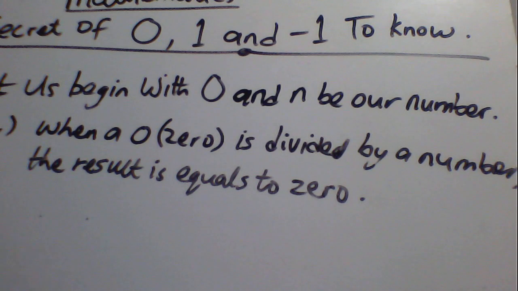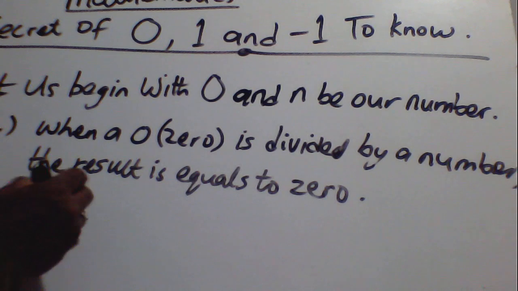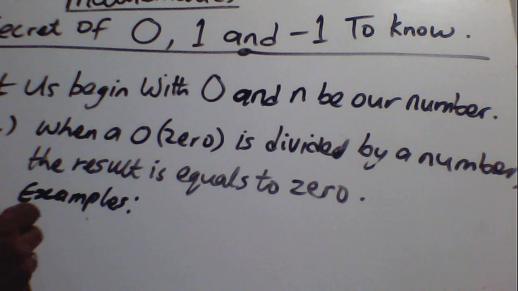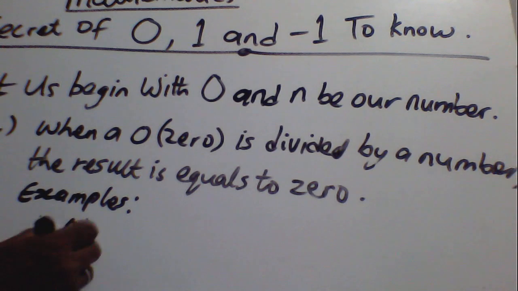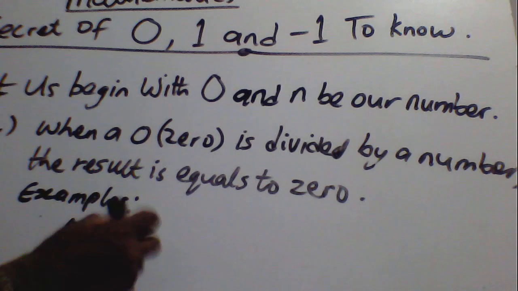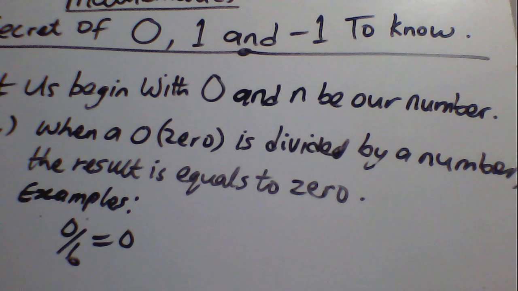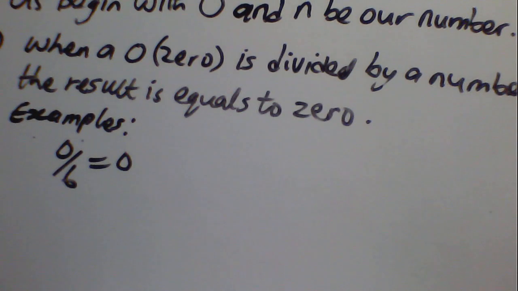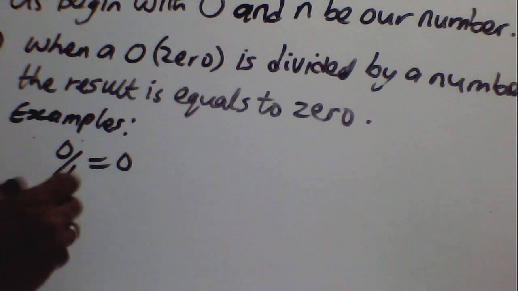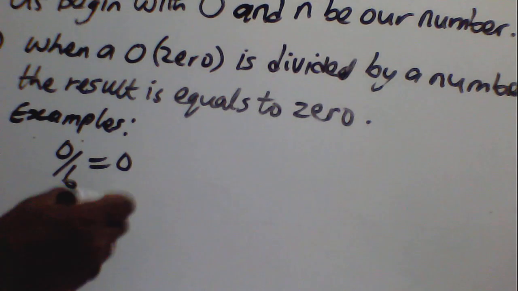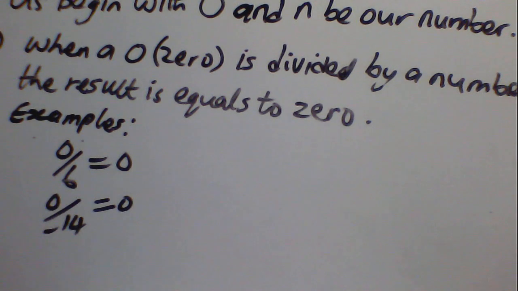See the examples. The first example is 0 divided by 6. When 0 is divided by 6, the result is equal to 0. The second example is 0 divided by -14. The result is equal to 0.